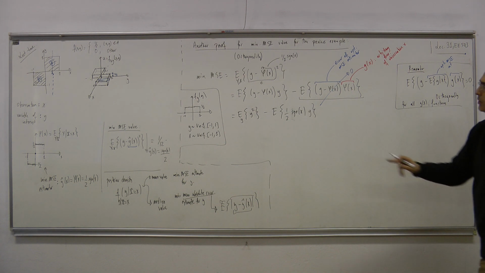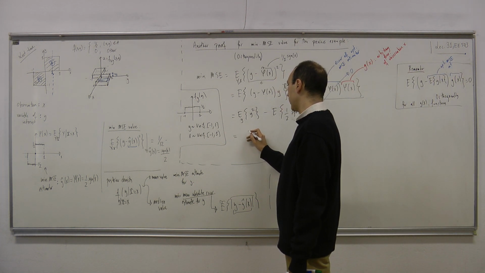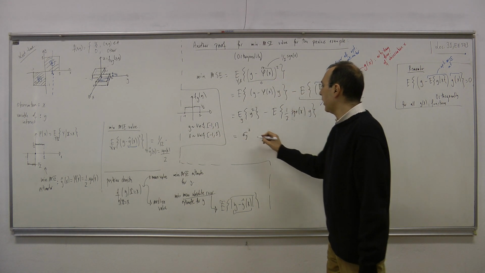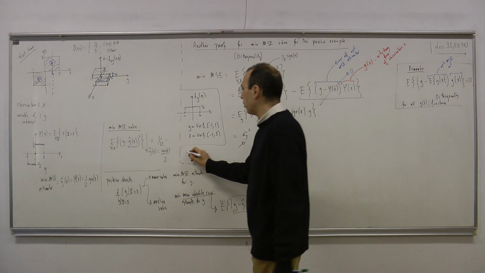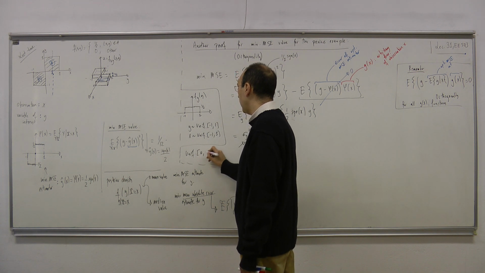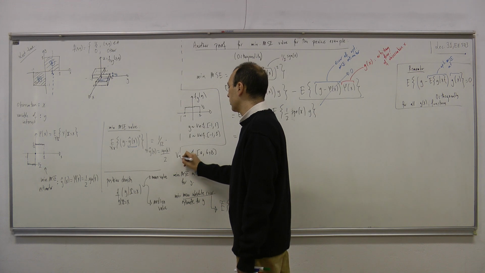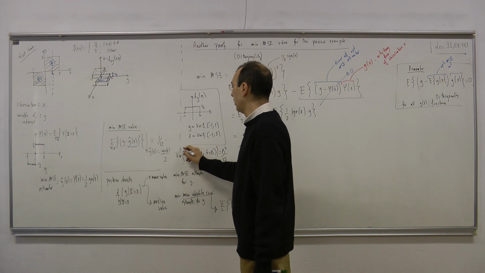What is the expected value of y squared? Well, this is sigma y squared, because this is zero mean. We have discussed this many times before: if I have a uniform distribution between a and a plus delta, the variance is delta squared over 12.